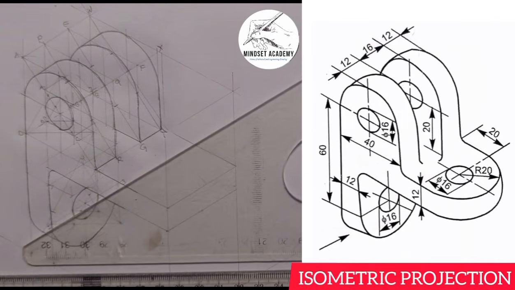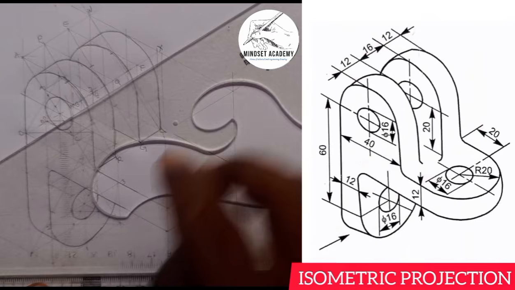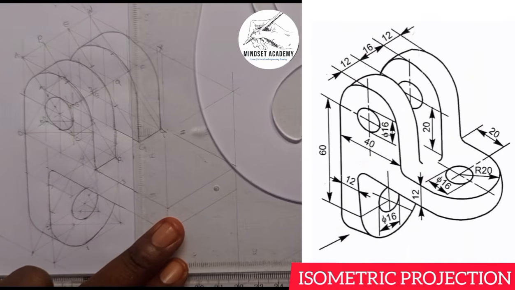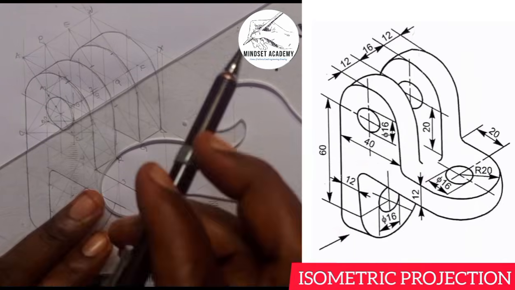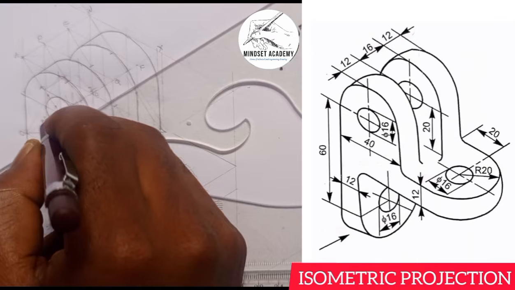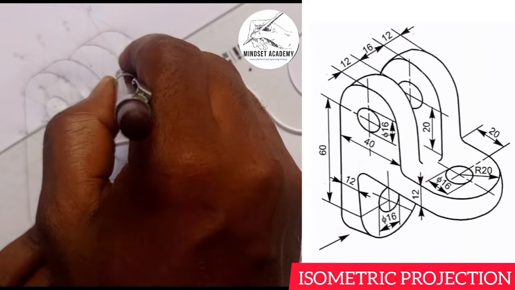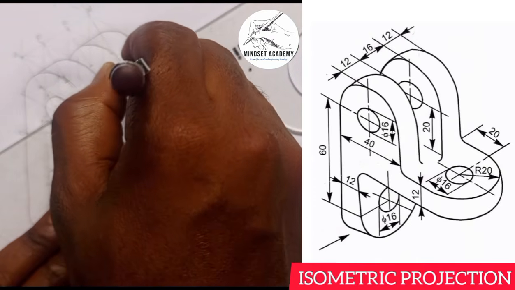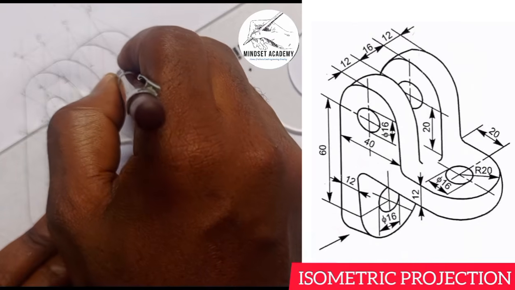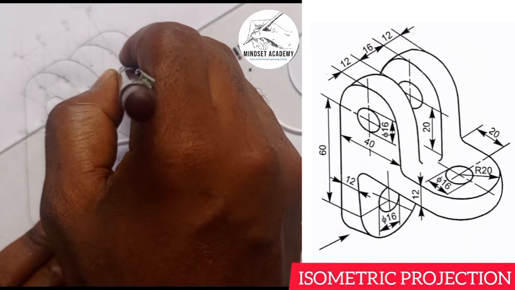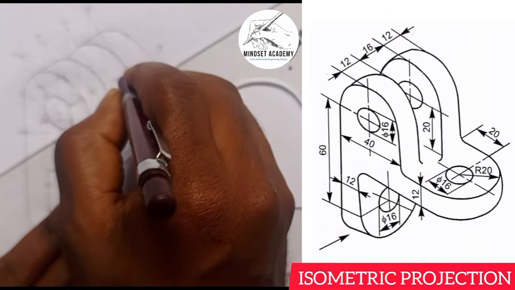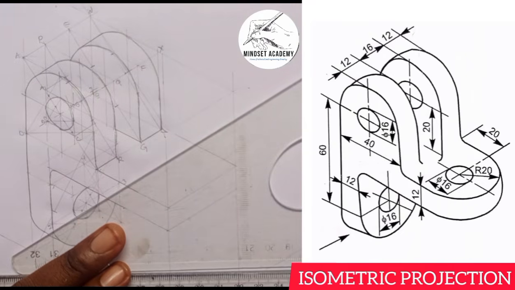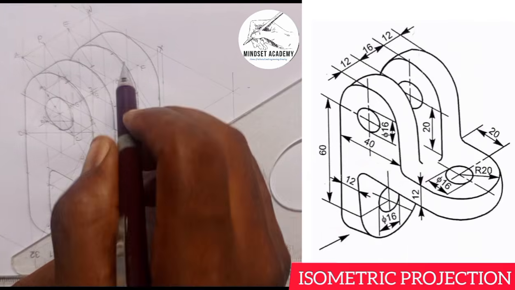So I'll just at the center point, then you transfer, get a new center line here. So at the center line here. You mark here. At the center there. Over there. So you do the same thing.